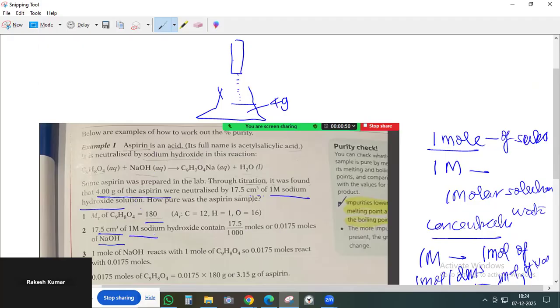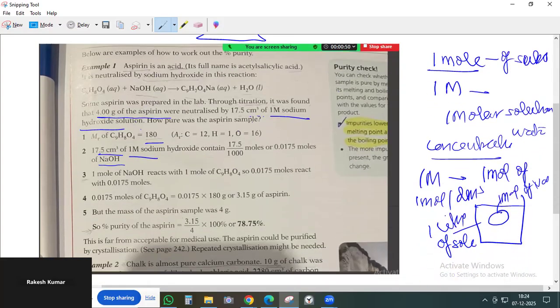So when I told you this is 1 molar, this has 1 mole in 1 dm cube, okay? So if you're taking only 17.5, obviously the number of moles won't be 1 mole, because 1 mole is present in 1 dm cube.